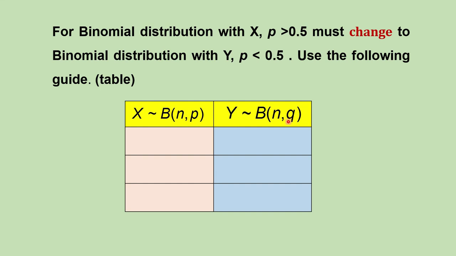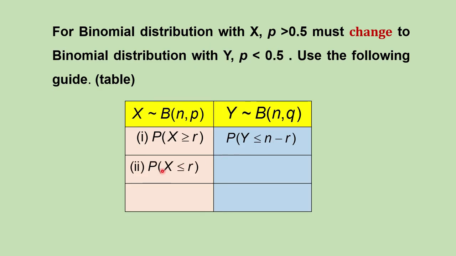So when you change from x to y, for number 1, when the question asks to find the probability x more than or equal r, that is probability at least r, when you change to y, it is probability y less than or equal n minus r. So from r, when you change to y, you need n minus r.